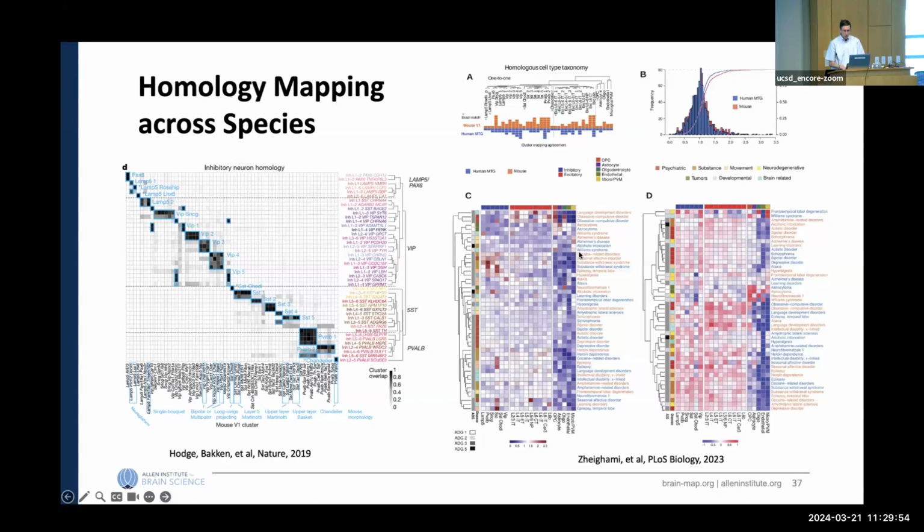Here you have about 40 or so major brain diseases. We went and got the genes known to be associated with these diseases using any number of disease-related gene databases. The mouse is in orange and the human is in blue, and you can see these different diseases here.